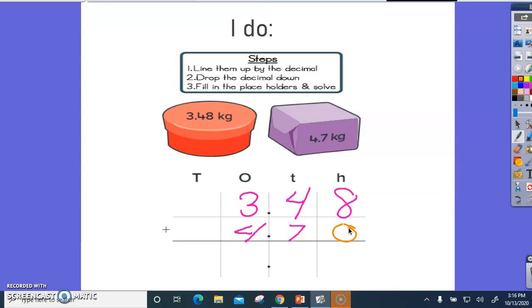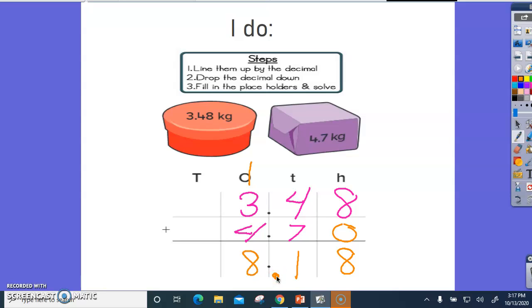Same basic steps, we are just adding in the decimal. So 8 plus 0 is 8. 4 plus 7 is 11. Remember, we regroup, we carry. Then I have 1 plus 3 plus 4, which is 8. So your total is 8, and they have the decimal.